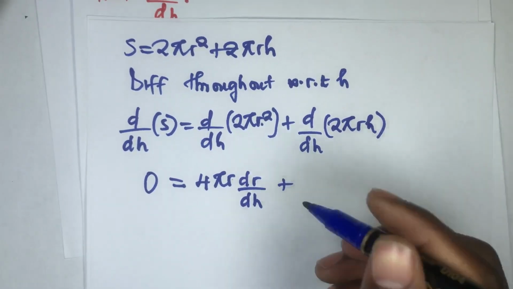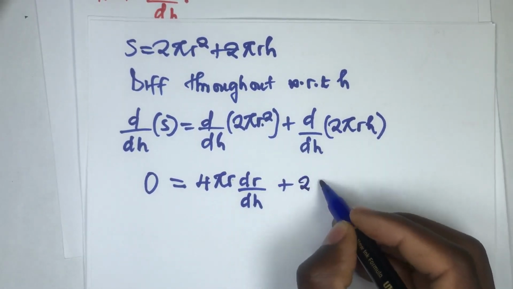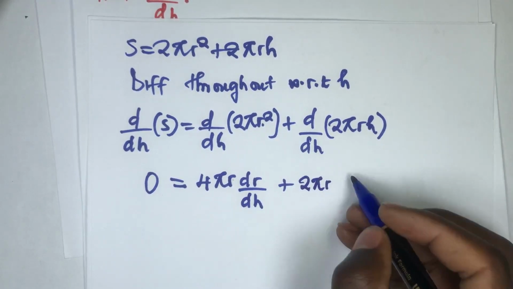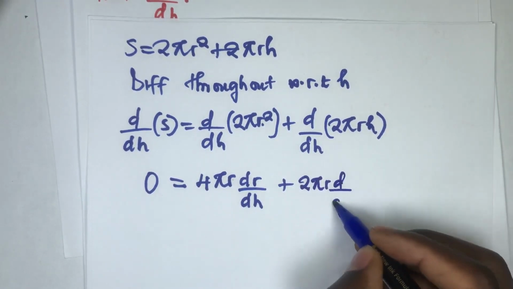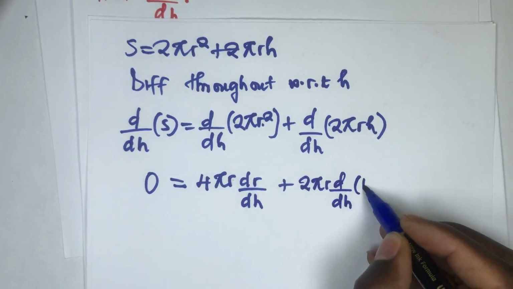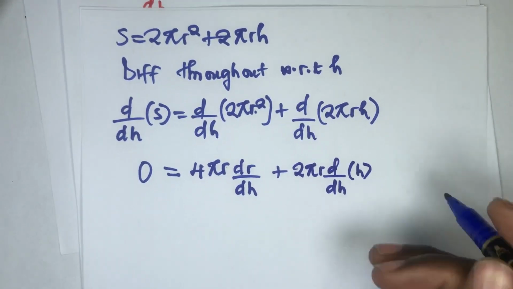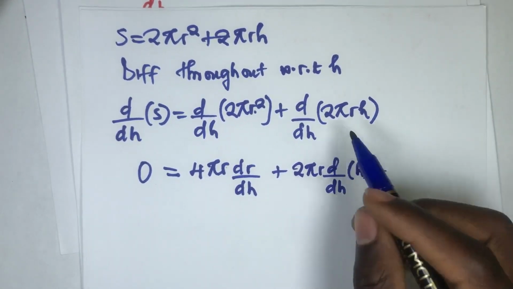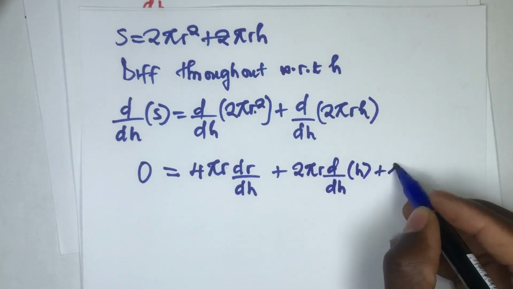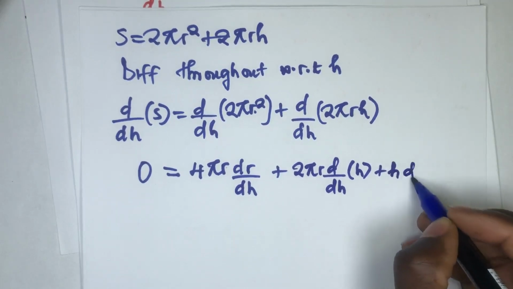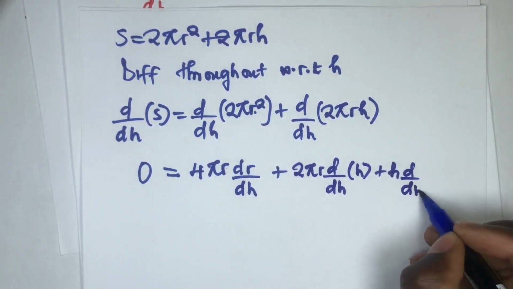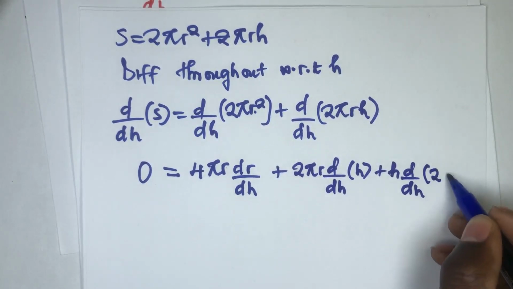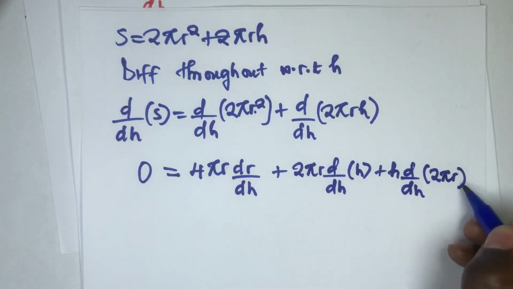So we keep the first function, 2 pi r, differentiate the second function, h, with respect to h, plus we keep the second function, h, and differentiate the first function, 2 pi r.